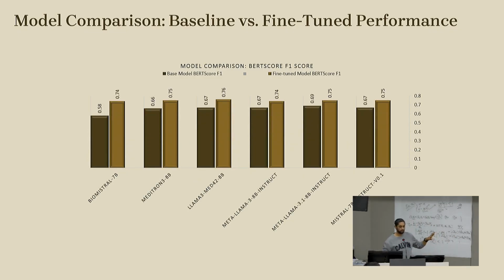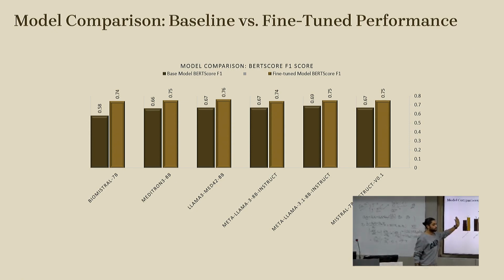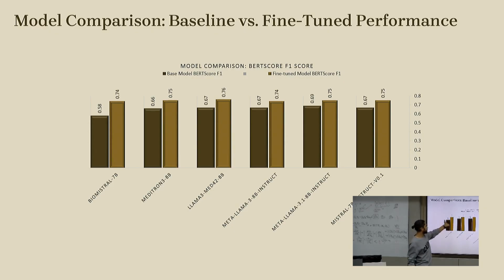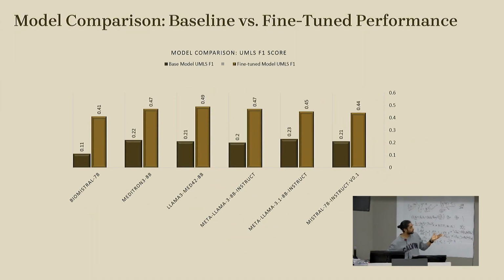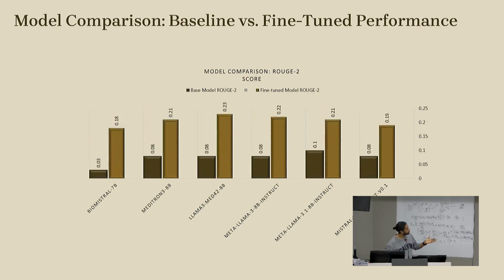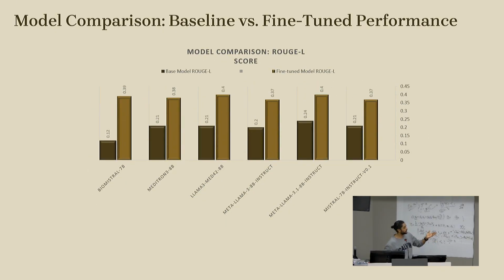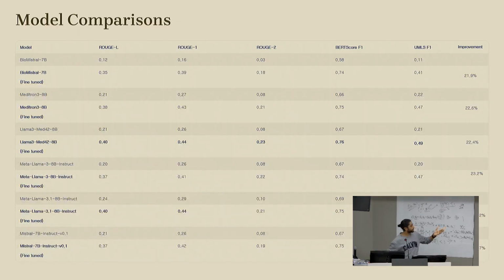This is the score for the BERT F1 score, and you can clearly see there is also an improvement in those scores. Also for ROUGE-1, ROUGE-2, and ROUGE-L.